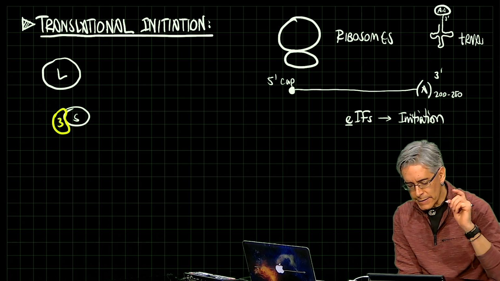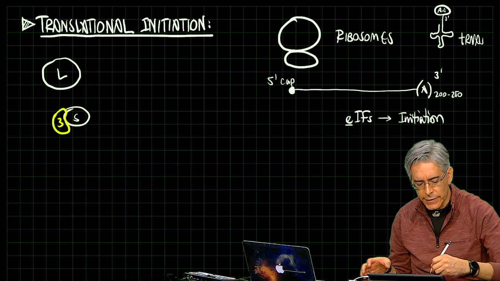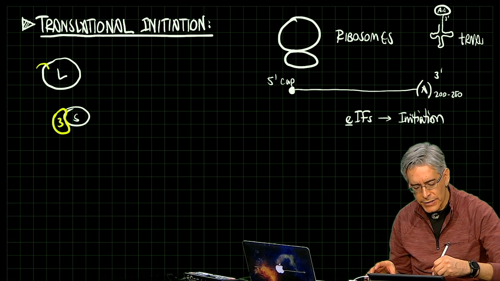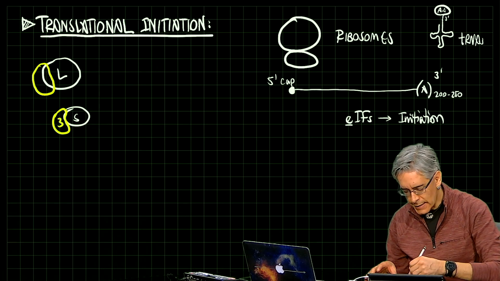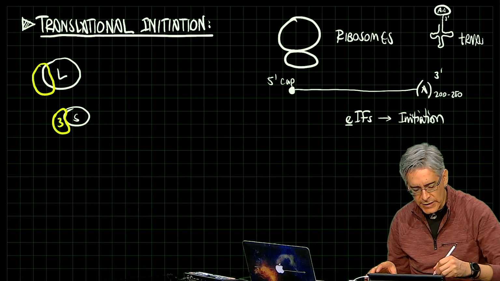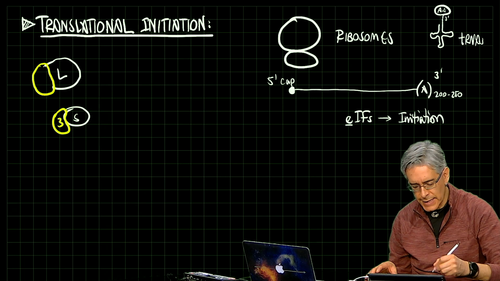Now, in order to keep it open though, to keep it from coming together again, there is another factor that will be binding to the large ribosomal subunit, and that is a factor known as factor 6. So I'm going to put factor 6 here in the large ribosomal subunit, just as a way to keep tabs on what is happening.